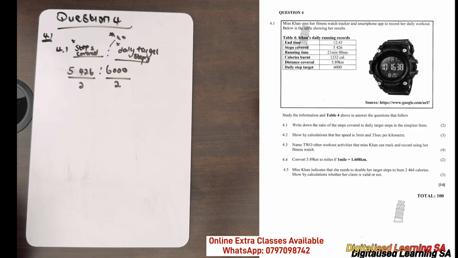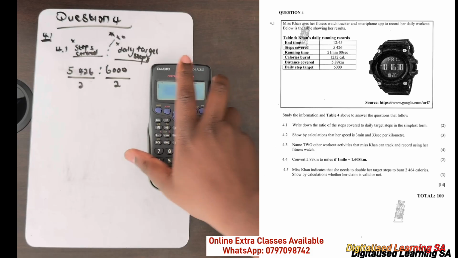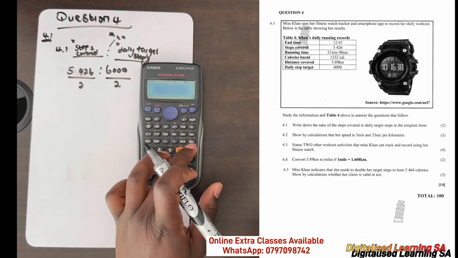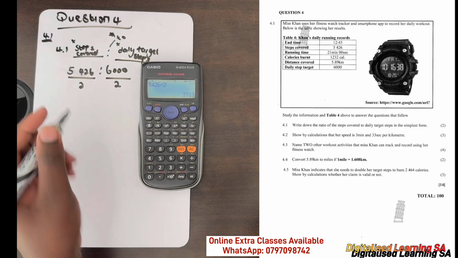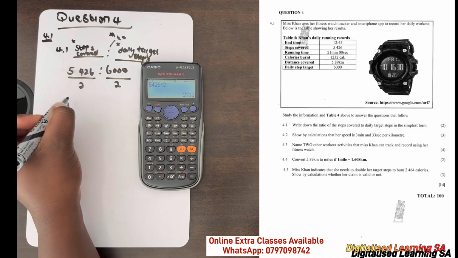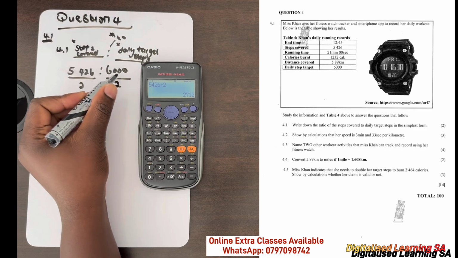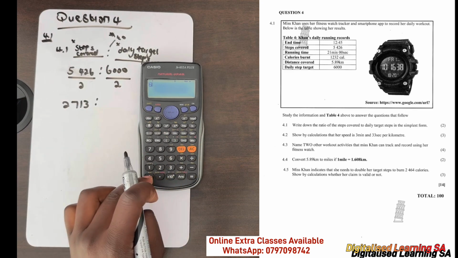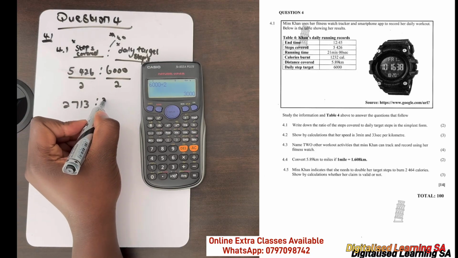If we divide 5,426 by 2, we get 2,713 to 6,000 divided by 2, which is 3,000.